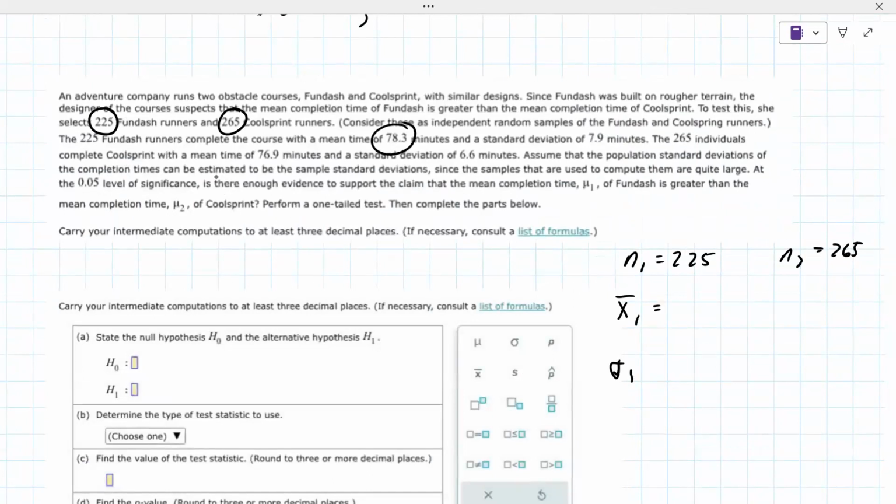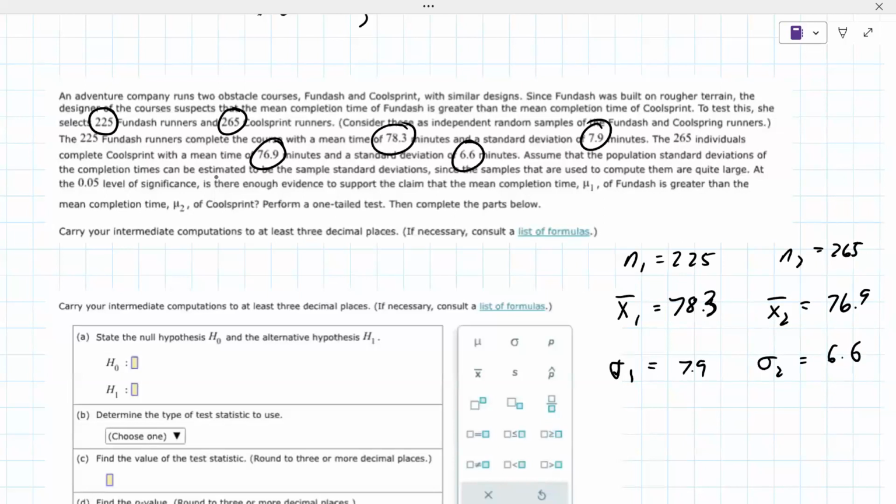X bar 1 is 78.3. Sigma 1 is 7.9. And then X bar 2 is 76.9, and sigma 2 is 6.6.